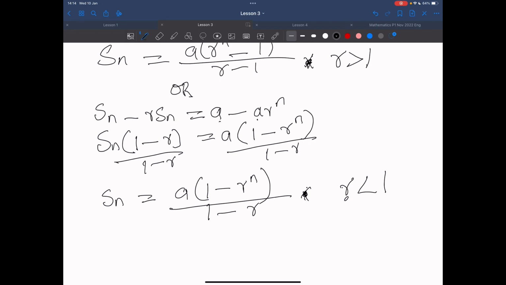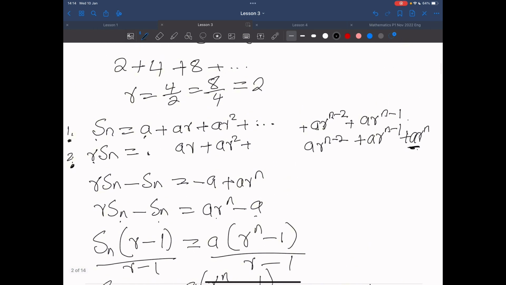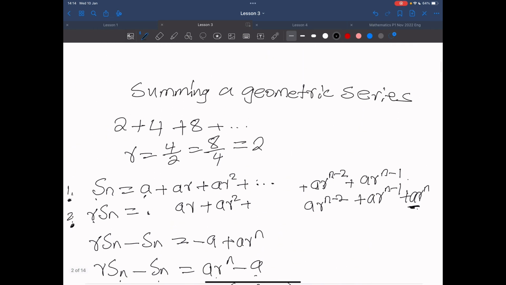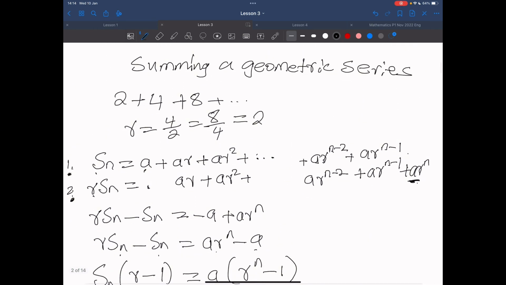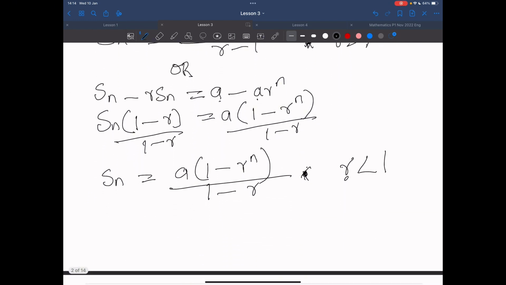So we are going to go back to our series, the one that we started with: 2, 4, 8. So we are taking 2 plus 4 plus 8 as an example.